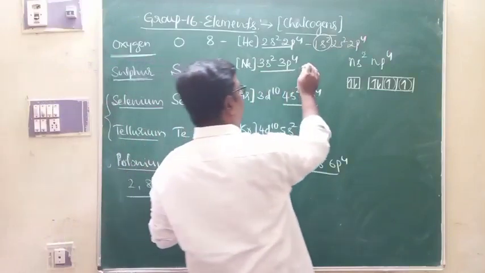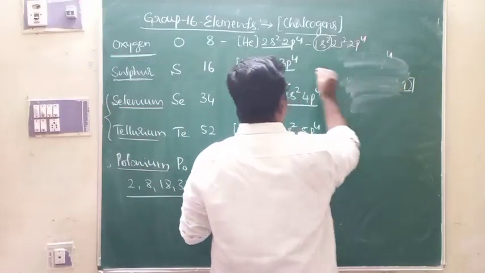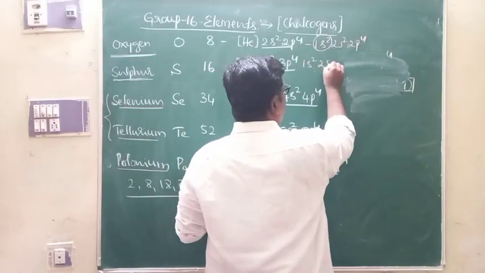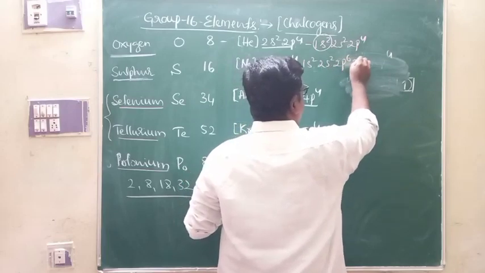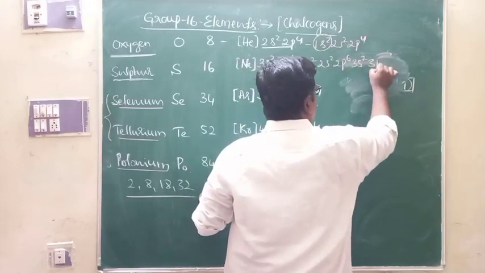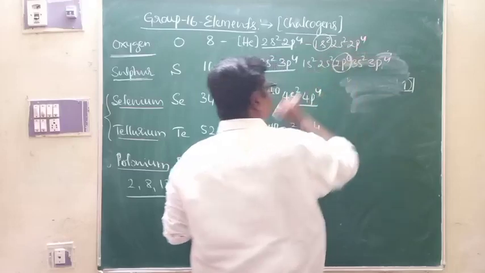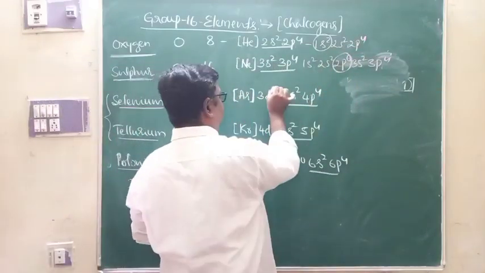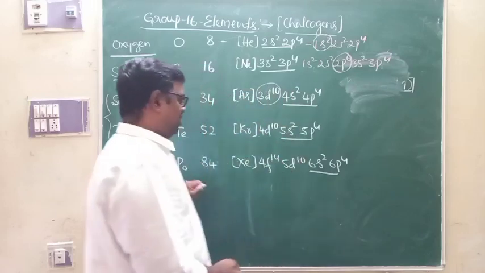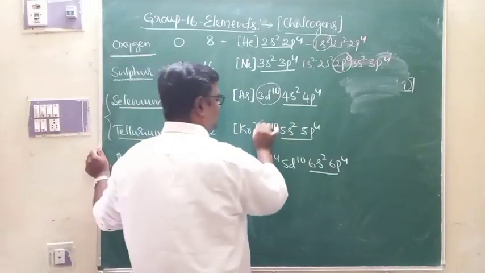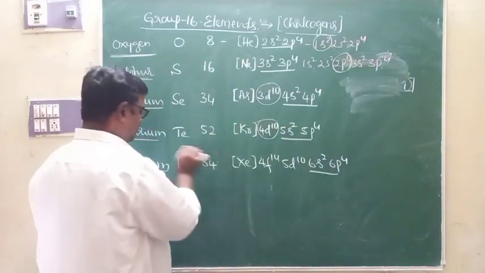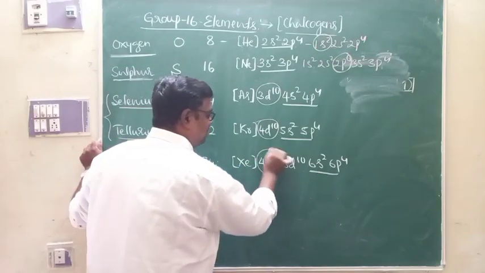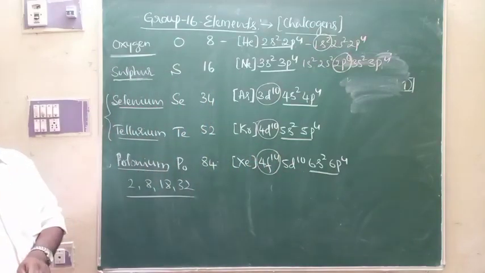In the case of sulfur, 1s2, 2s2, 2p6, 3s2, 3p4, inner electrons will be 2p electrons. In the case of selenium, inner electrons will be d electrons. In the case of tellurium, inner electrons will be d electrons. In the case of polonium, inner electrons will be f electrons.